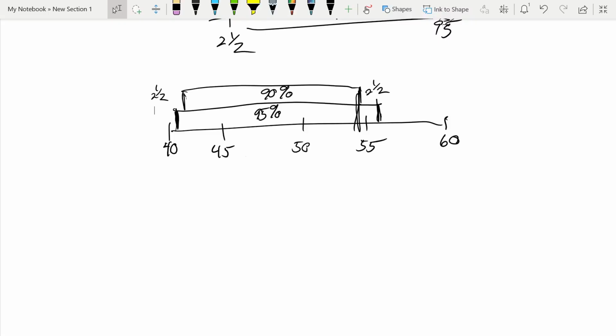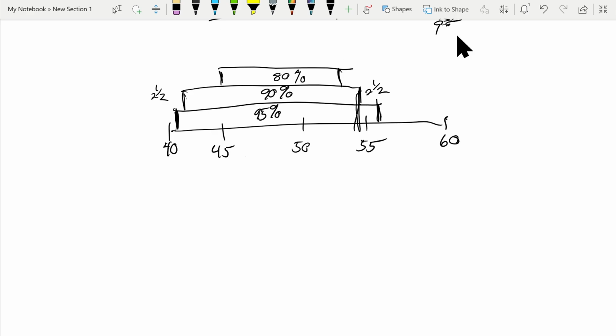All right, the 90% interval we got. How about the 80%? 44 to 54, basically. Whatever it is, it's inside. The 68.